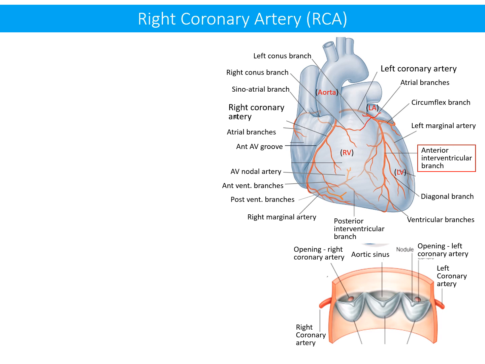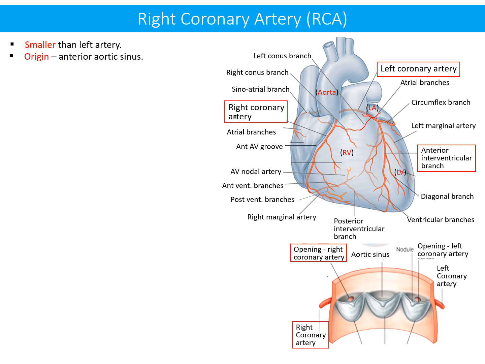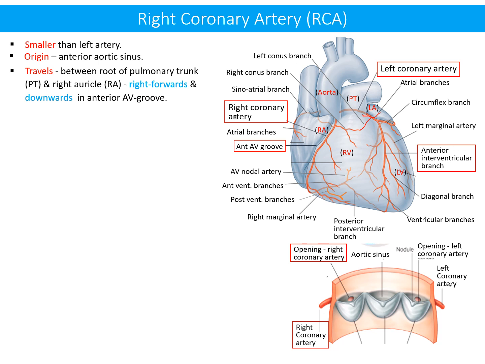Now we come on to the description of the coronary arteries. First, the right coronary artery. It is smaller than the left artery and originates from the anterior aortic sinus. It travels between the root of the pulmonary trunk and the right auricle in the rightward and downward direction in the anterior atrioventricular groove.